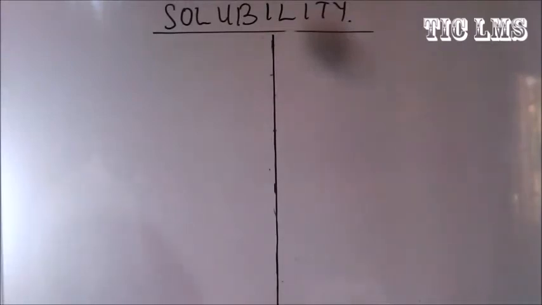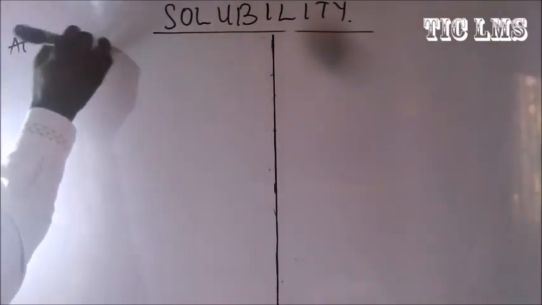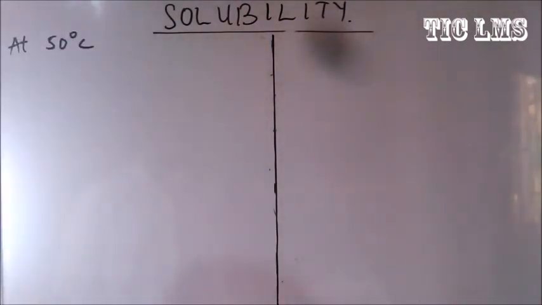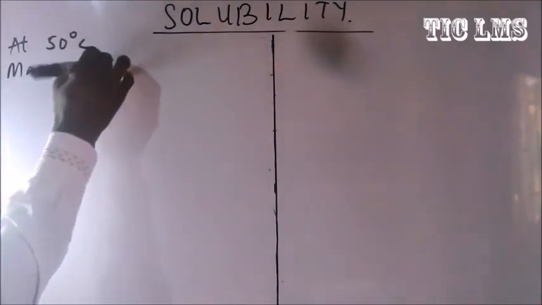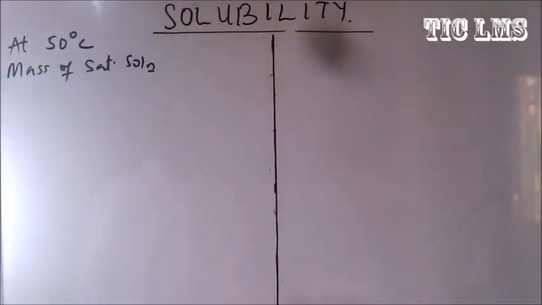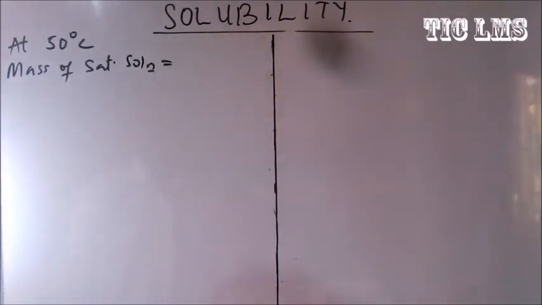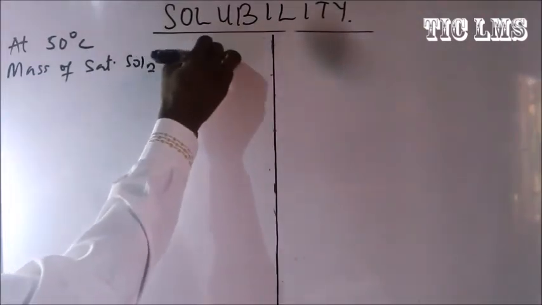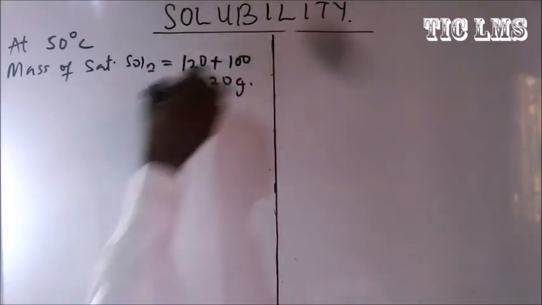Alright, so for this question, we have that at 50 degrees Celsius, the mass of saturated solution of copper 2 tetraoxosulfate 6 is equal to the mass of the solute plus the mass of the solvent that dissolved it, and that gives 120 gram plus 100, and that is 220 gram.